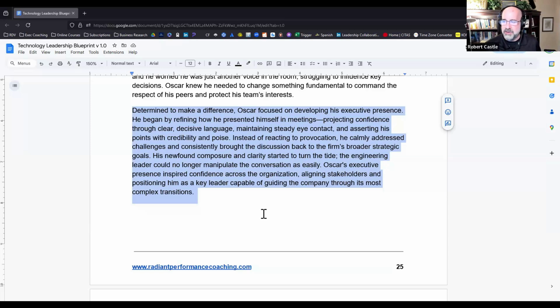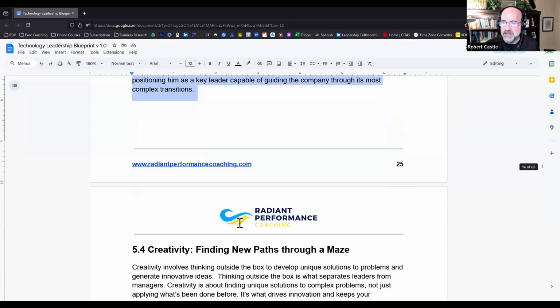His newfound composure and clarity started to turn the tide. The engineering leader could no longer manipulate the conversation as easily. Oscar's executive presence inspired confidence across the organization, aligning stakeholders and positioning him as a key leader capable of guiding the company through its most complex transitions.